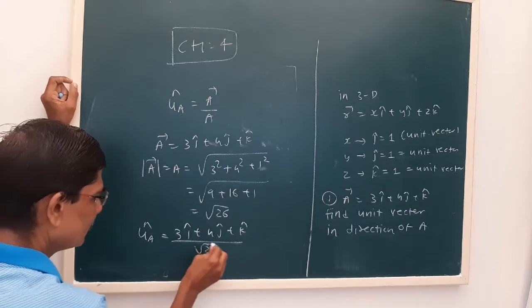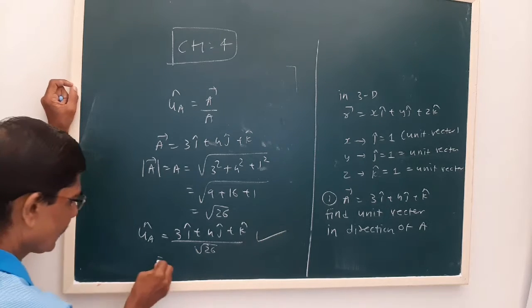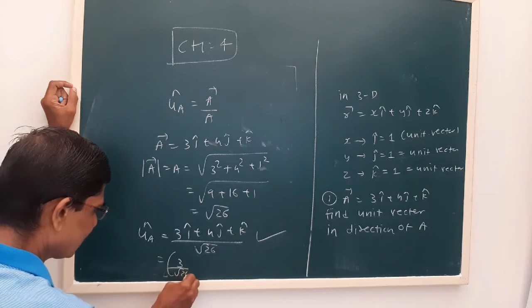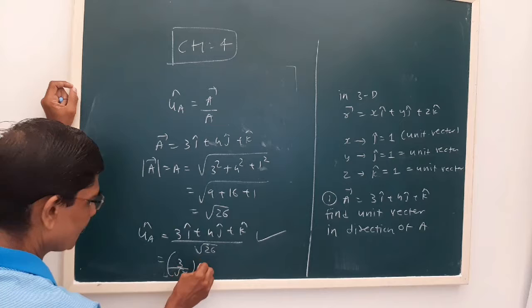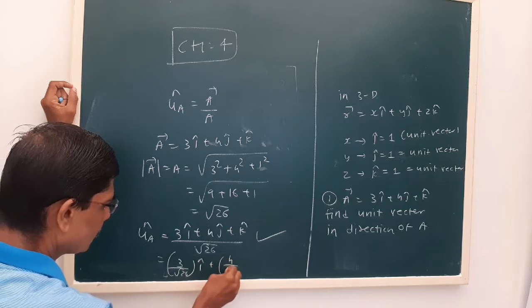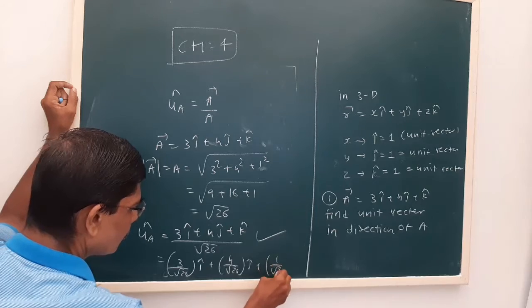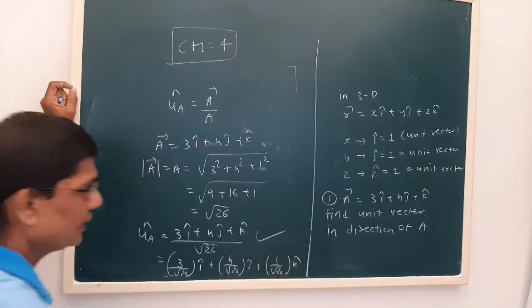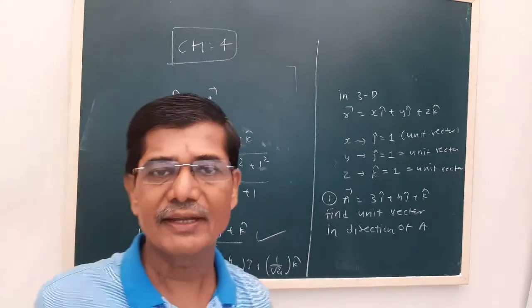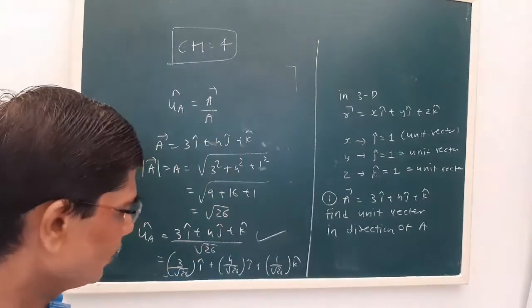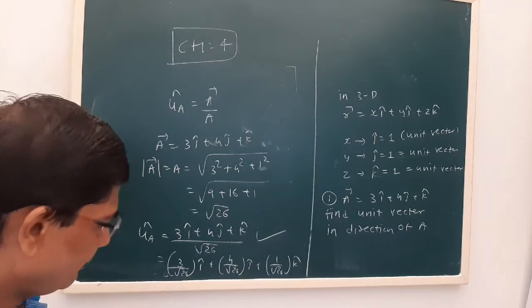We can write it in this form, or we can write 3 upon root 26 i caret plus 4 upon root 26 j caret, and so on. So this is how we can obtain the unit vector of a given vector.